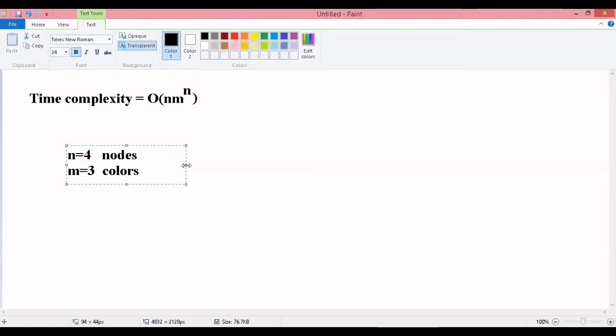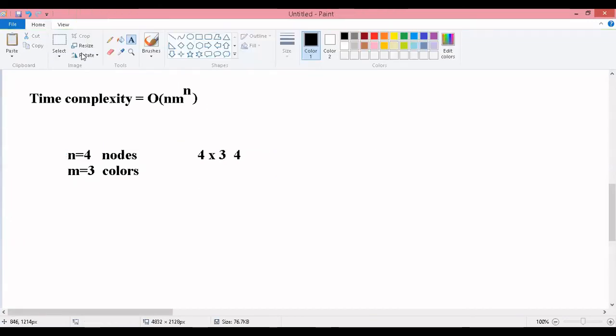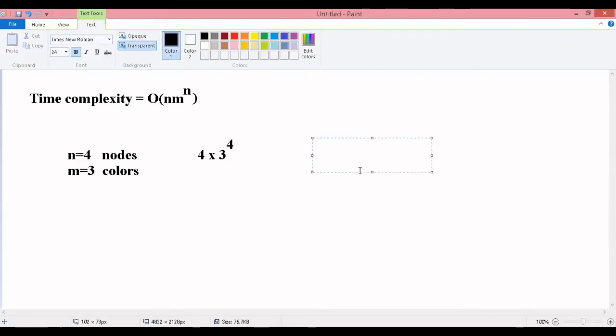If you substitute this formula, what you are getting is 4 into 3 to the power of 4. Now this answer comes out to be 4 into 81.